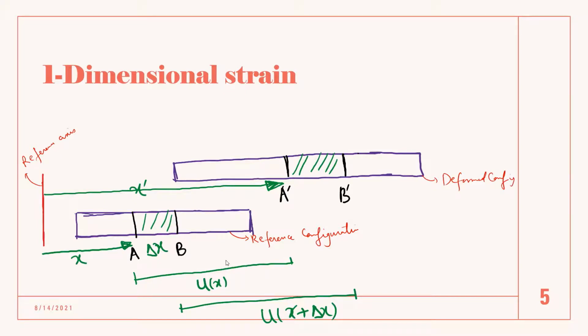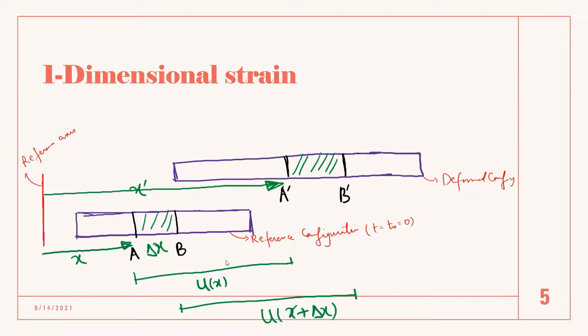We call this the reference configuration because at t equals t naught equals 0, this body had no load applied, meaning no load was acting on it.